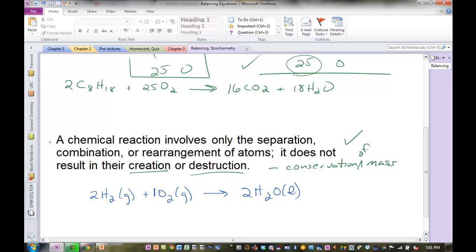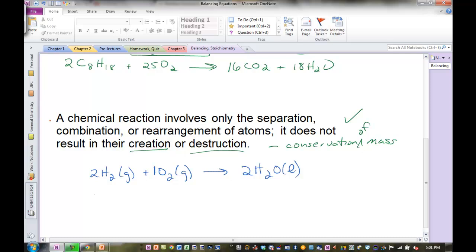So what do those coefficients mean? Well, we could read them as a molecule ratio. 2 molecules of hydrogen reacting. I think you know this, but reactants are on the left-hand side of the arrow. Products are on the right-hand side.